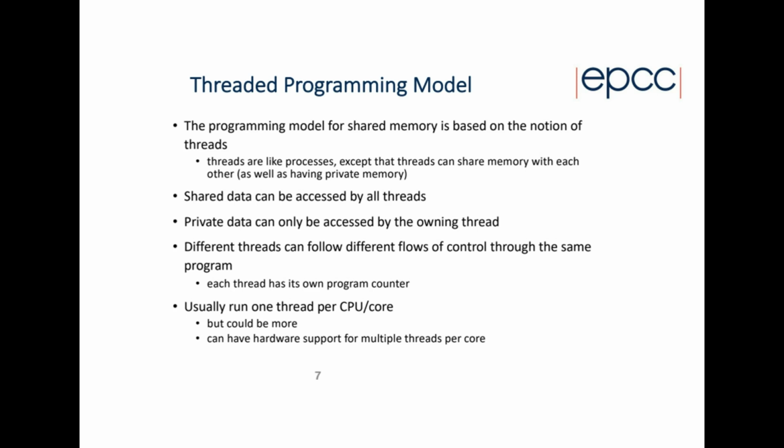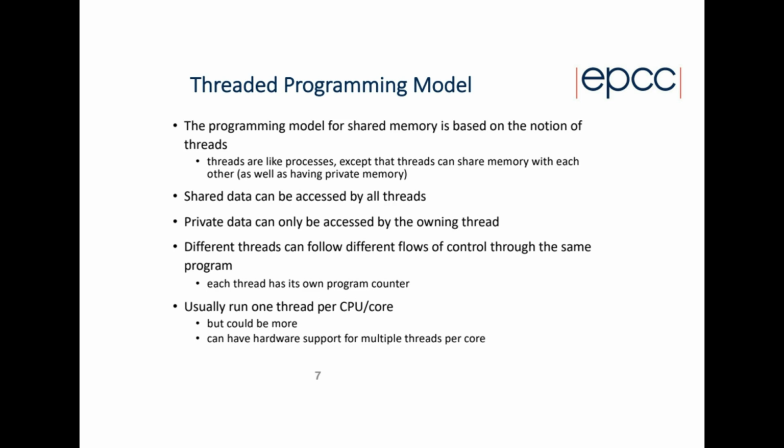A lot of modern hardware does in fact have hardware support for multiple threads per core. Again, the usual magic number here is 2. Most modern chips allow you to reasonably efficiently execute 2 threads per core without the operating system having to get involved to do context switching. We'll talk more about this when we come to performance issues.